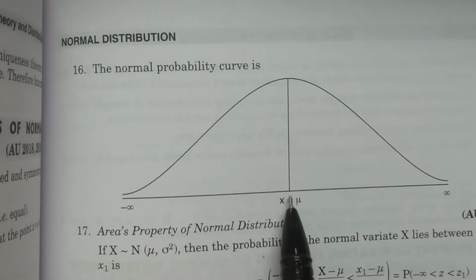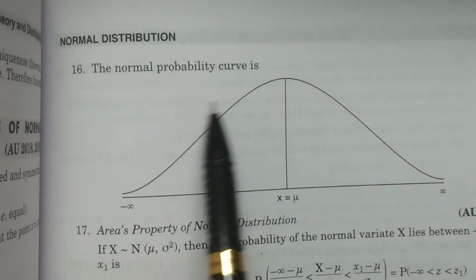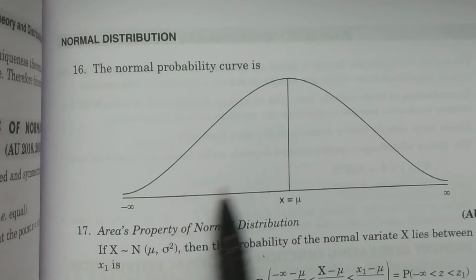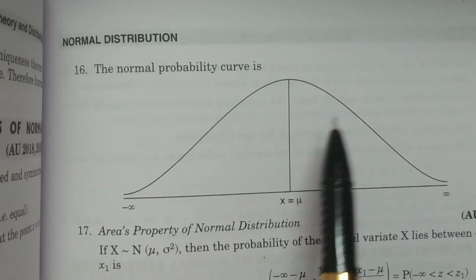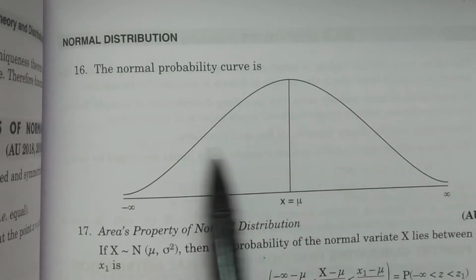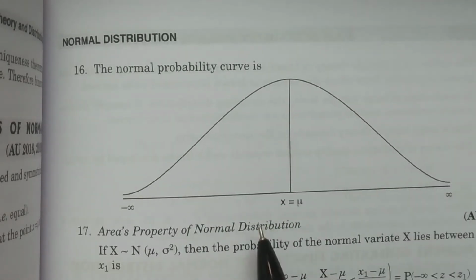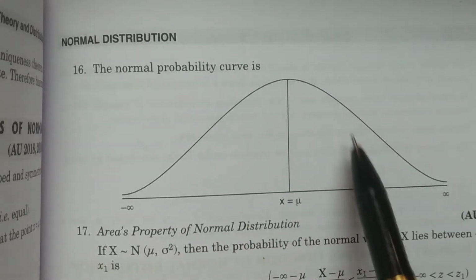From minus infinity to mu, the area under the probability curve is equal to the area from mu to infinity. This area equals this area.